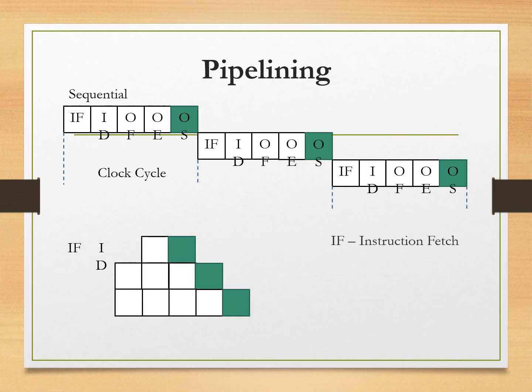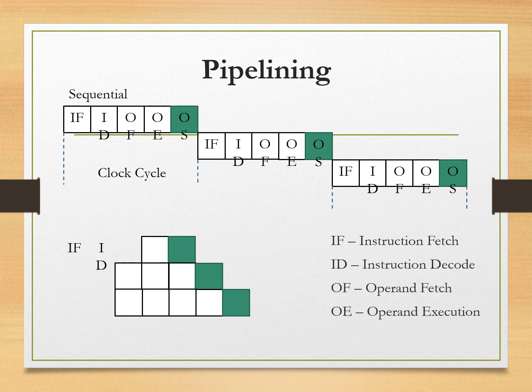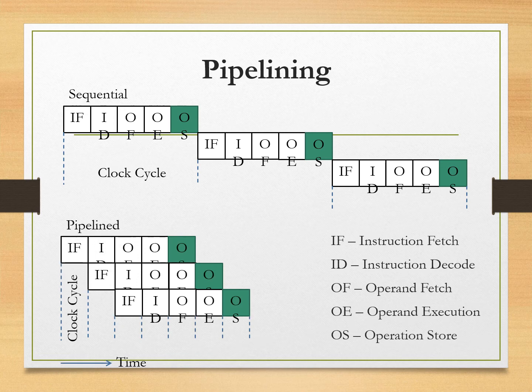Okay, this is actually the pipelining. What do we mean by the terminology of pipelining? In comparison, the contrast with pipelining is sequential. What do we mean by sequential? If you look here, we have five operations: instruction fetch, instruction decode, operand fetch, operand execution, and operation store.